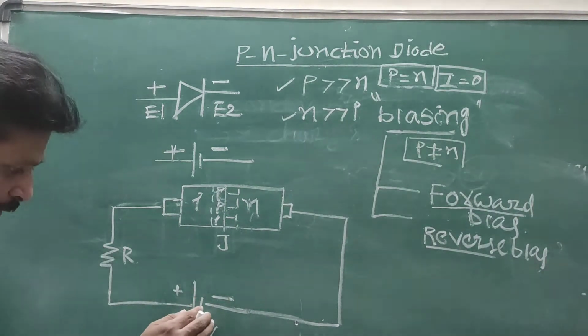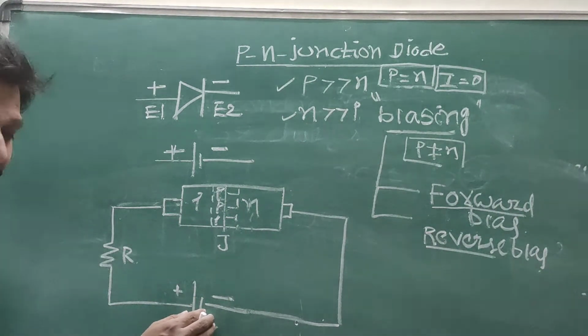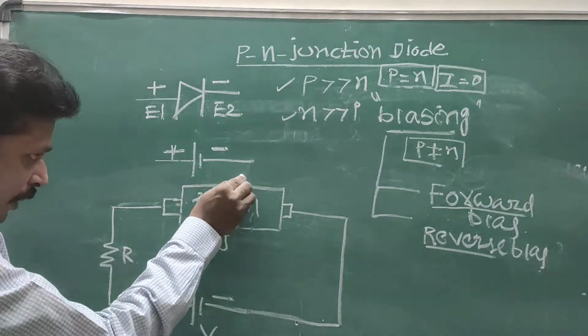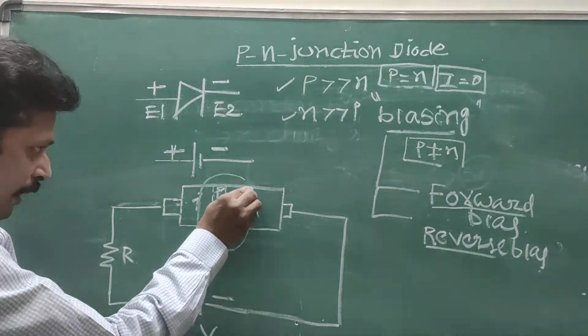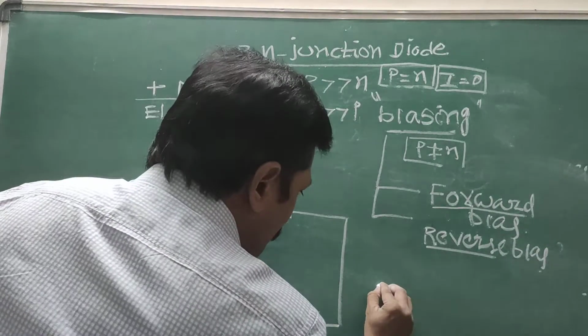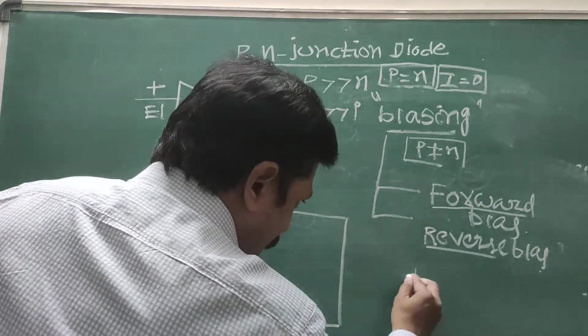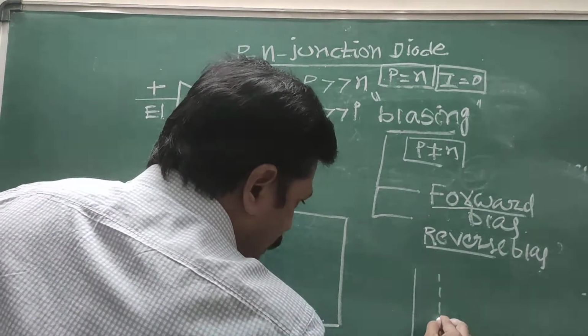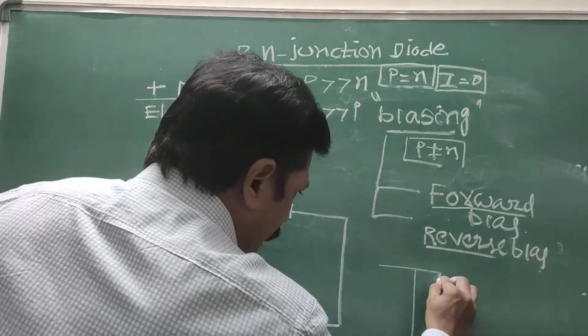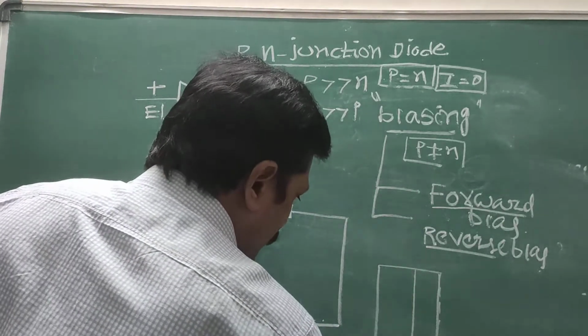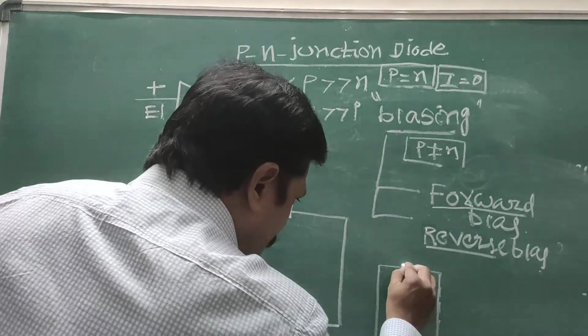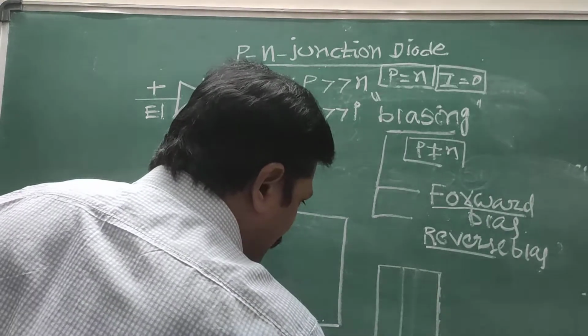Now after giving this supply, this biasing, what happened in this particular region? This region I have separated like this. This is called the separated layer, called the junction. Like this I show it preliminarily, separated with equal spacing.